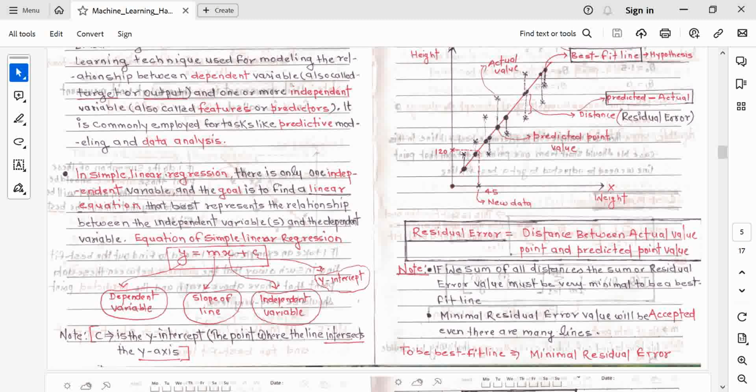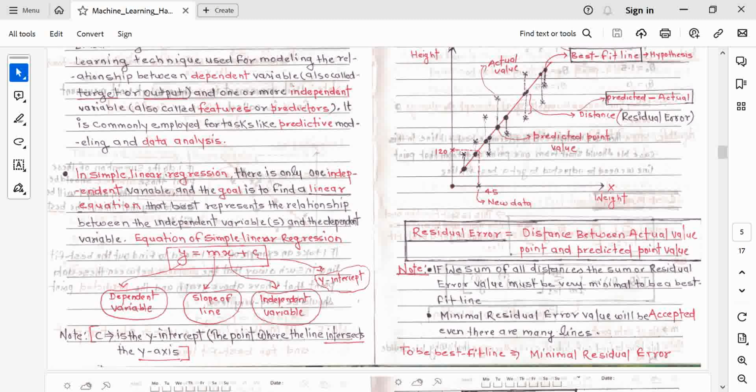In y equal to mx plus c, y is the dependent variable, m is the slope of the line, showing how the line is going, x is the independent variable, and c is the y-intercept, where the straight line passes through the origin.